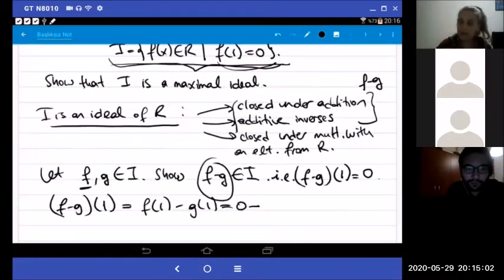And since g is taken from I, g of 1 is equal to 0. So at the end, the function value of f minus g evaluated at 1 is equal to 0. And this means that f minus g satisfies the definition of I. So f minus g lies in I.